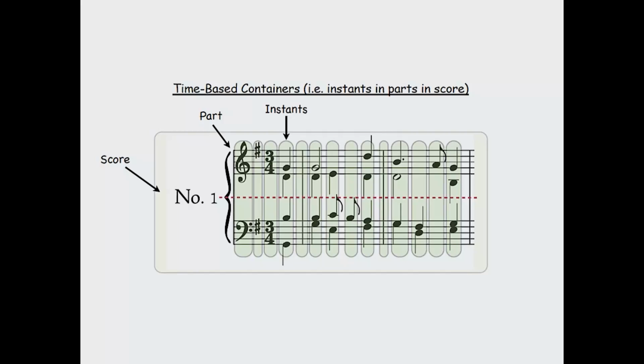And in this particular case, when we get to the third instant, which is the E quarter note in the bass, and then the C eighth note in the E, there is something that's happening in the top part, that G half note, that is not represented in that instant, but is thought to be continuing from before.